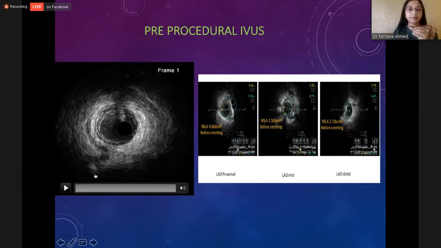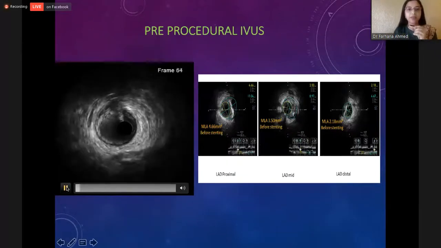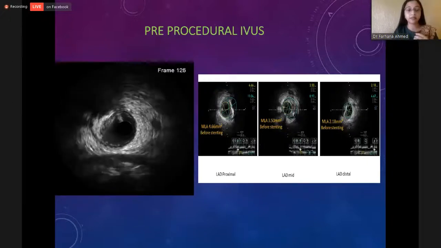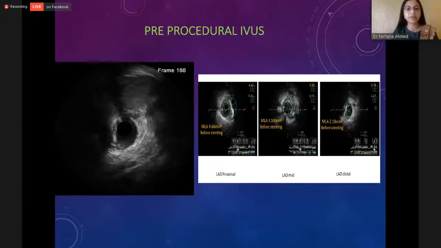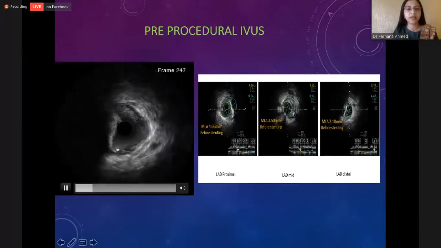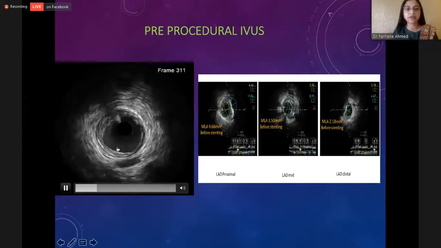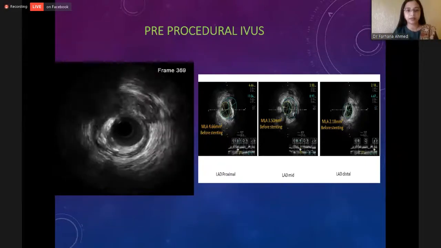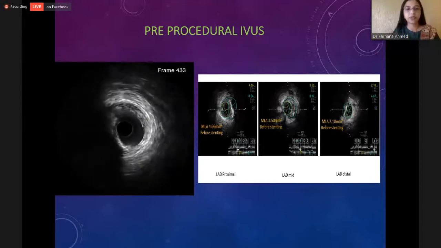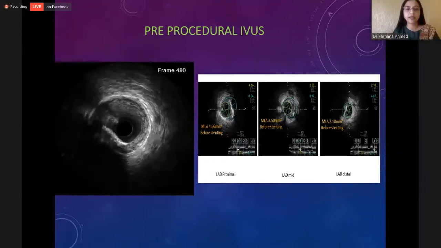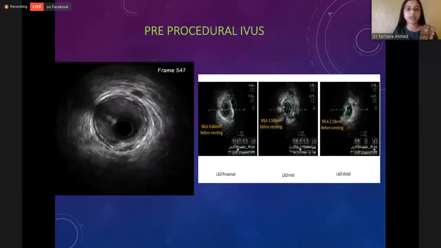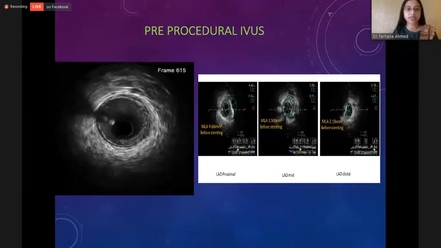IVUS was done. During IVUS pullback, we determined the safe distal landing zone, and a simultaneous cine was taken to see the position of the IVUS transducer, which corresponds to the safe landing zone.